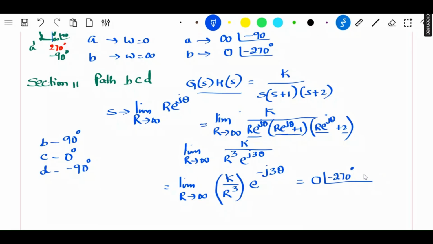When angle is 0 degree, it is 0 degree. But when angle is minus 90 degree, it becomes plus 270 degree. So it means that at B dash, it is 0 at an angle minus 270. At C dash, it is 0 at an angle 0 degree. At D dash, it is 0 at an angle plus 270 degree.